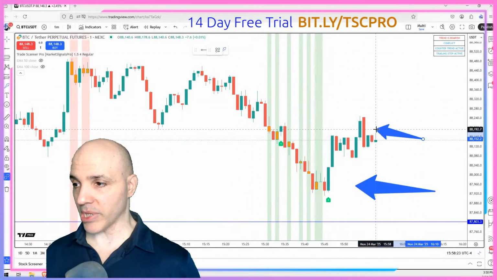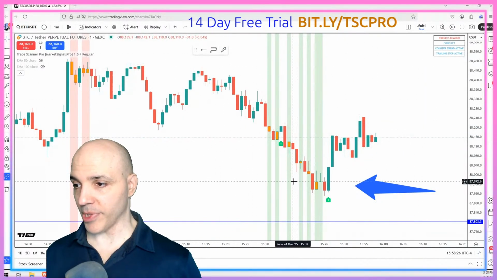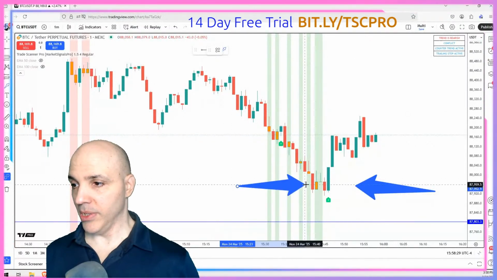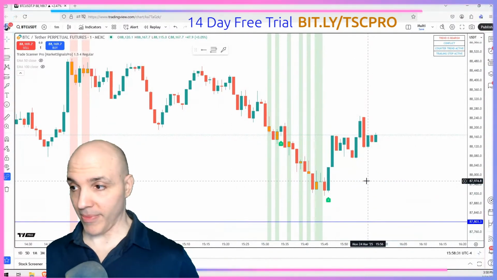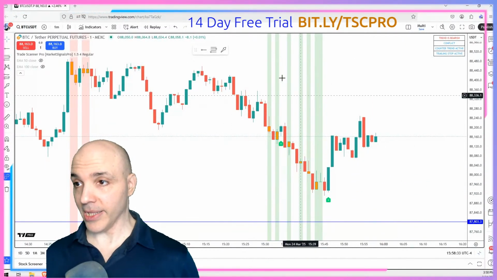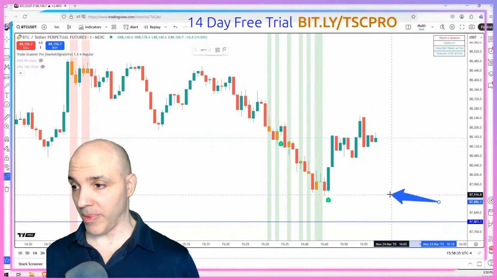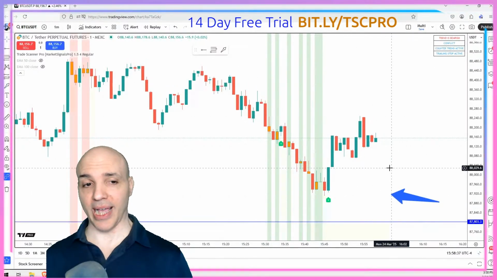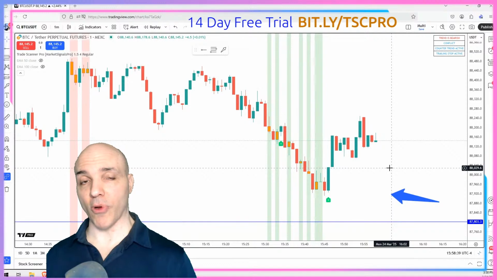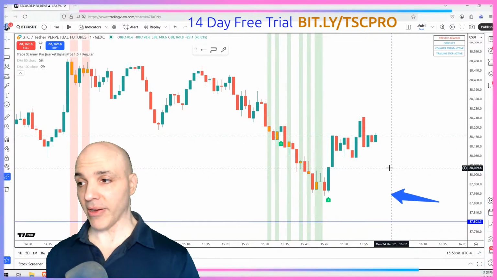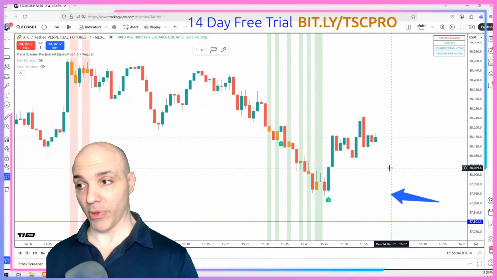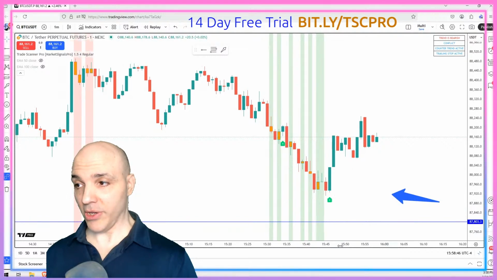This area here is going to be more random than this area. Does that make sense? So I have a couple of choices here. I can wait for a pullback into this area and perhaps get a double bottom. I can wait for the Trade Scanner Pro to give me a signal there because that's where I'd be anticipating a reversal. That's one thing I can do.